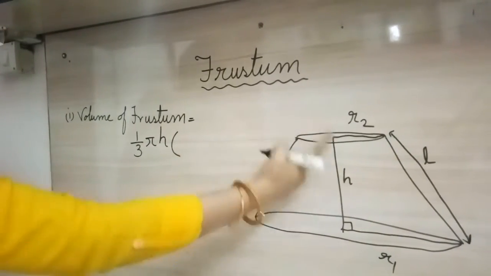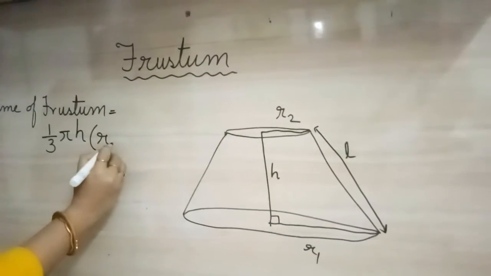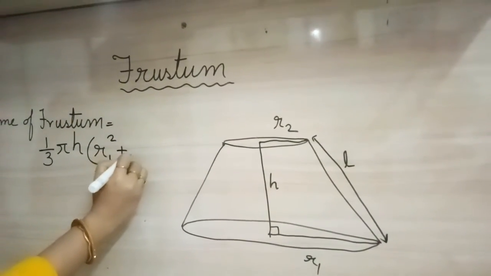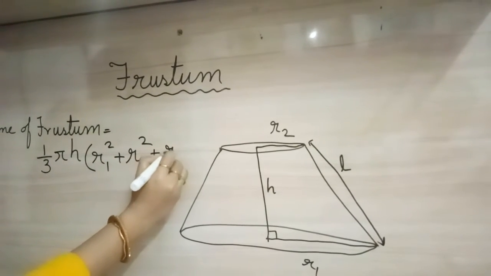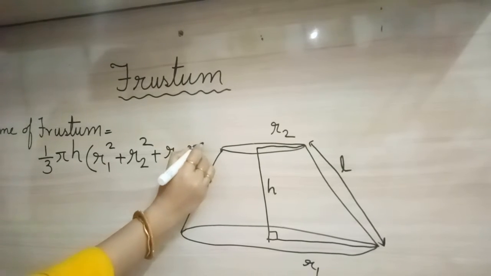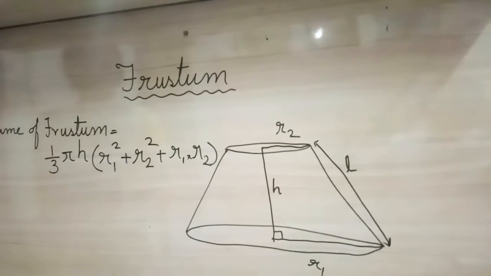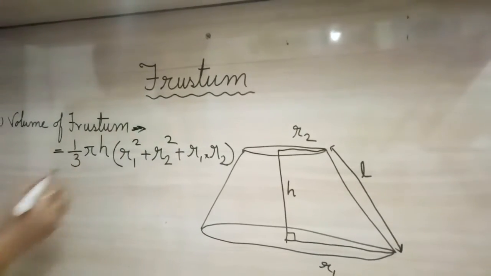So here two r's are there, so we cannot write r square. Which r to be chosen? So it is r1 square plus r2 square plus r1 into r2. Clear? This is the formula for volume of frustum.